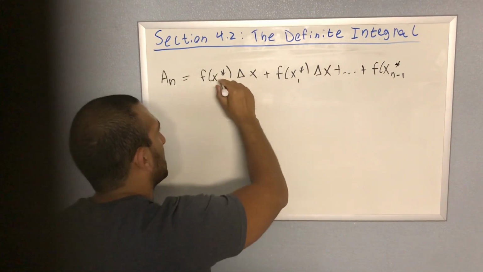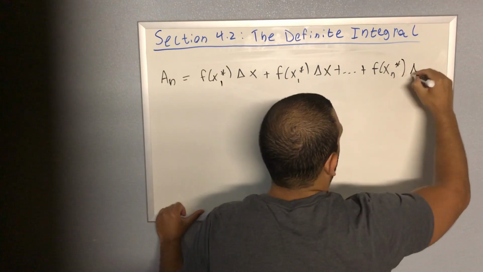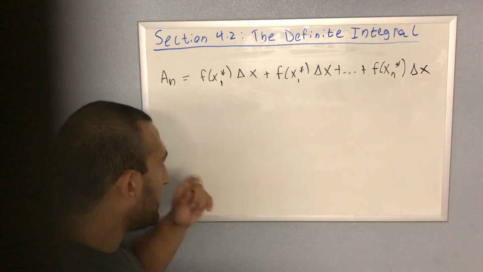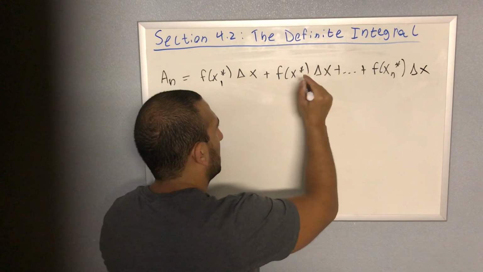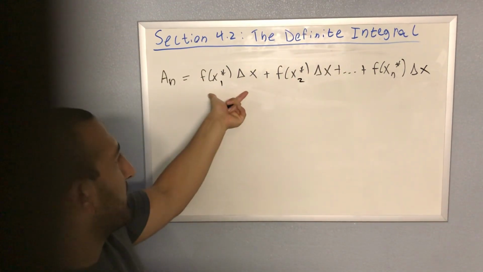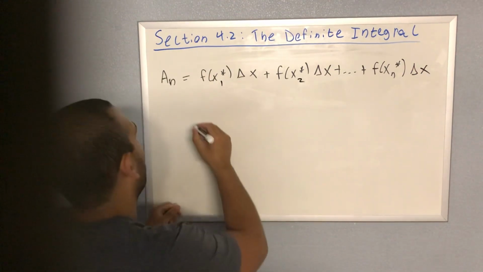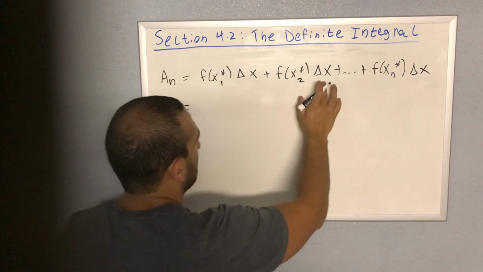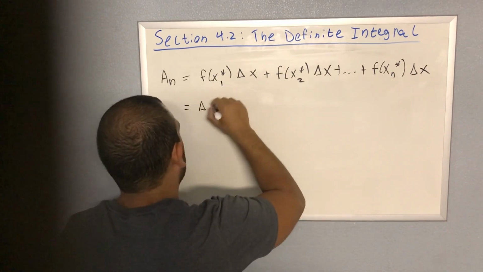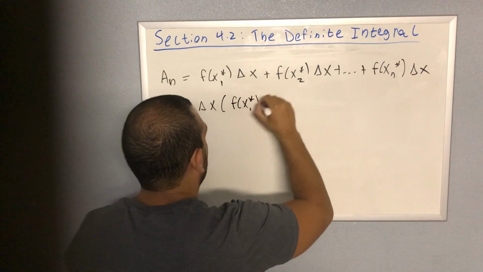So let me make this 1 and make this n just so it's a little less confusing. And so this would have to be a 2. So this is just saying this is the first rectangle's area, second rectangle's area, and so on. And then, like we said, you can always factor out this delta x to get just this guy here.